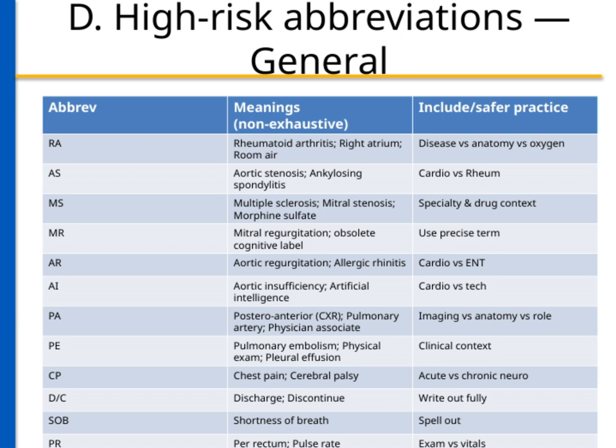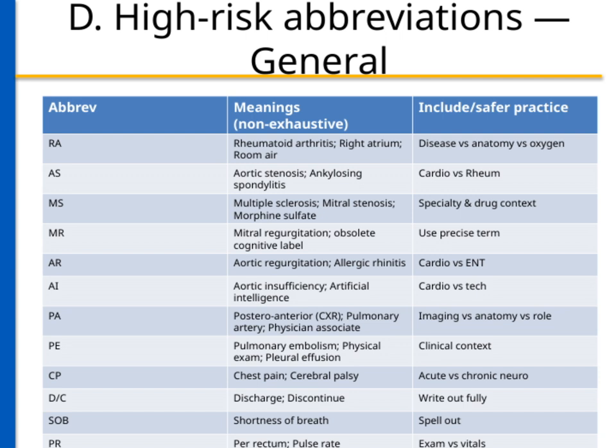Precision here is key to ensure clear communication. AR might represent aortic regurgitation or allergic rhinitis, shifting between cardiology and ENT considerations. Similarly, AI can stand for aortic insufficiency or artificial intelligence, again depending on the context, medical versus technological discussions.